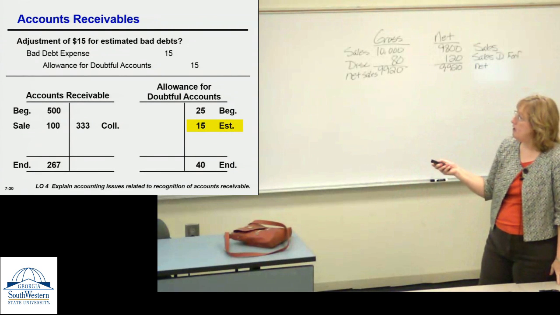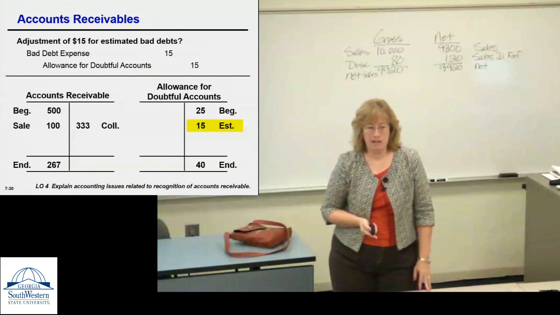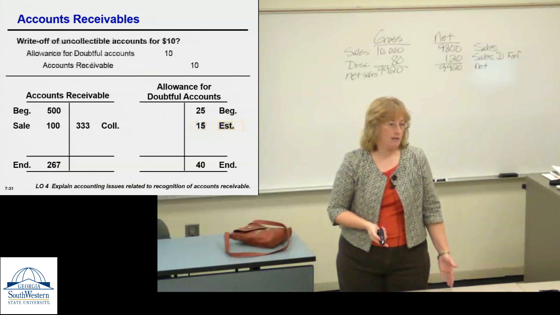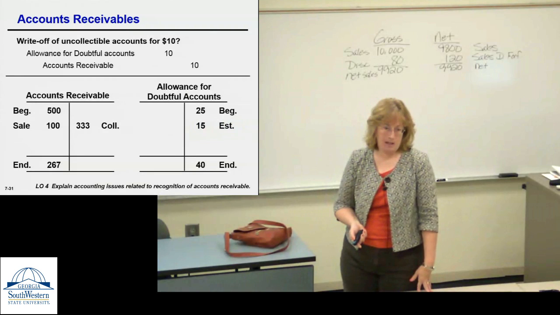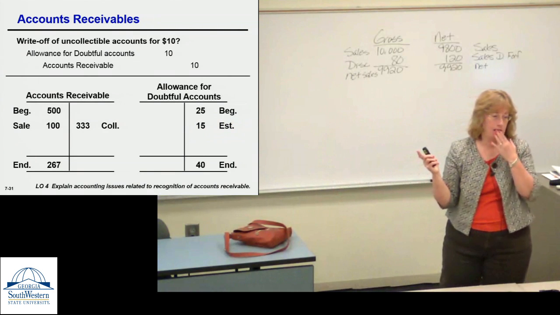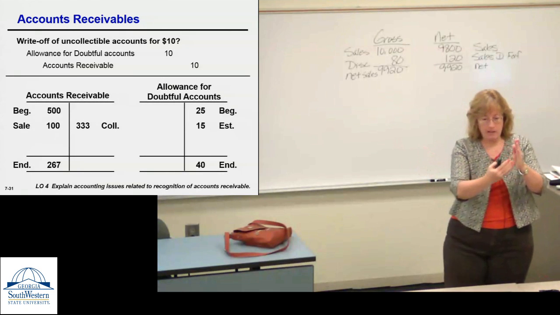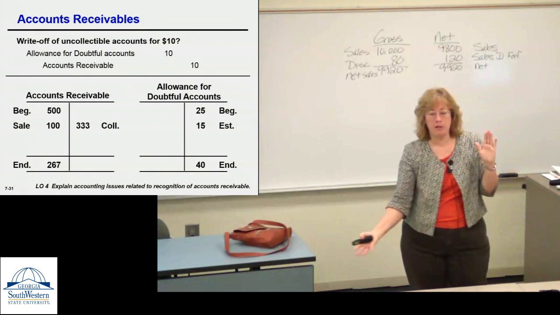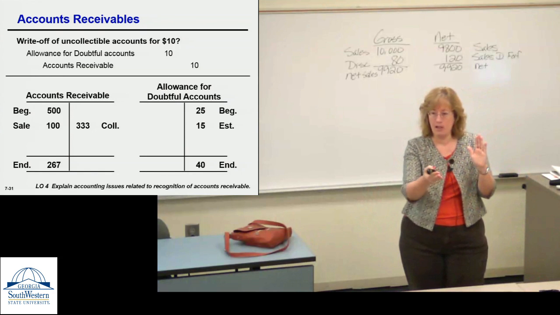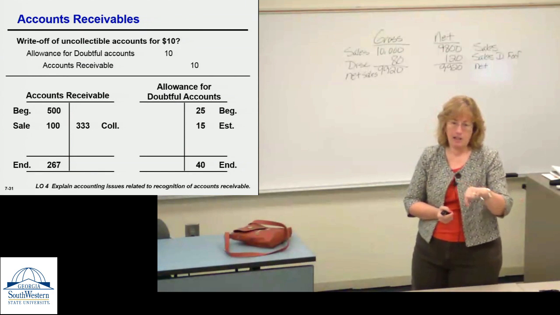But when we actually find, well, gee, this guy hasn't paid us for a year or whatever, I'm pretty sure he's never going to pay, then what we do is we write off his account, okay? We're going to write off his account. So we have a list of accounts receivable. All these people owe us money. If we're pretty sure this one guy right here is not going to pay us, then there's no need to have his account in accounts receivable.